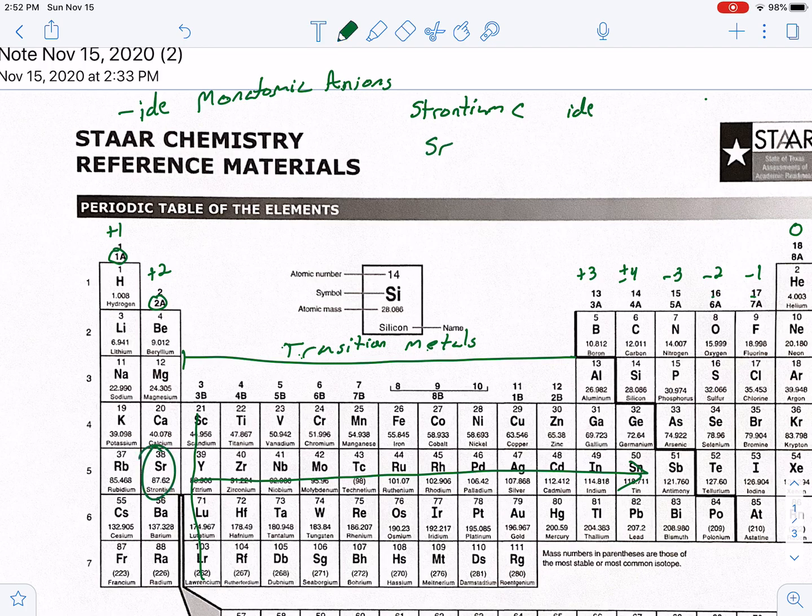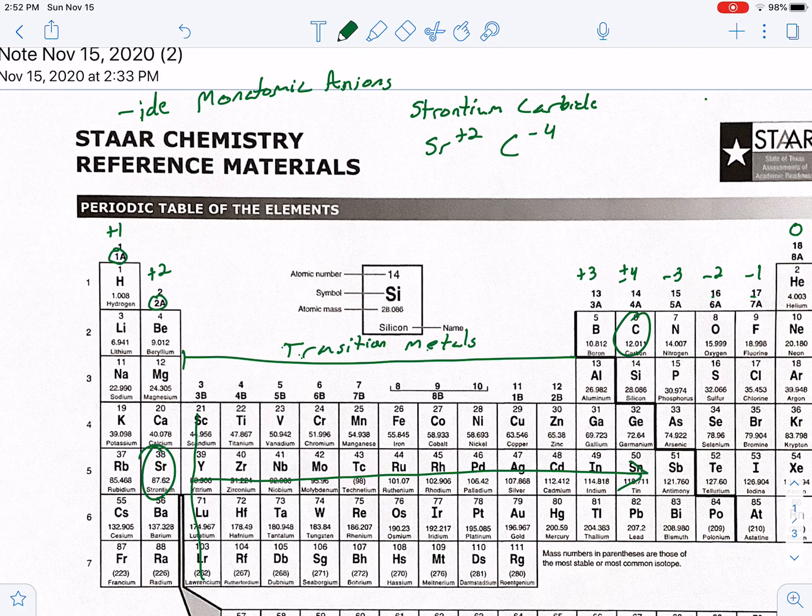So Sr has a +2 charge. So that would be strontium carbide, Sr +2. Carbide is just carbon, and that has a C with a -4.